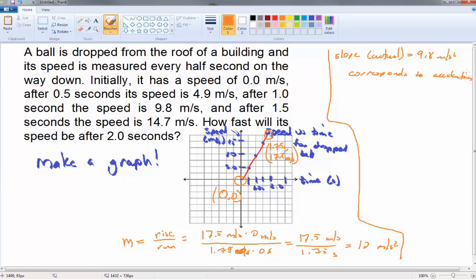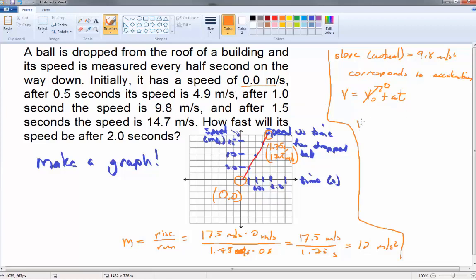And so the equation that we would use then, v is equal to v naught plus a times t. That's one of the equations we reviewed at the very beginning of this video. It's dropped from rest, and it also says initially it has a speed of 0 meters per second.